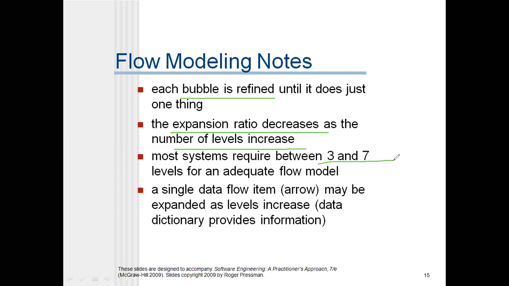And the last point is that a single data flow item may be expanded as levels increase. So the arrow may be expanded; as the levels increase, automatically the arrows also increase, isn't it? So these are the important points related to flow oriented modeling.